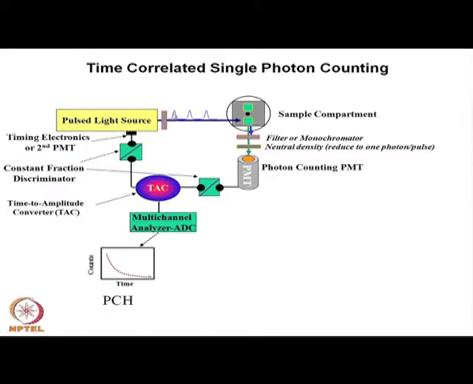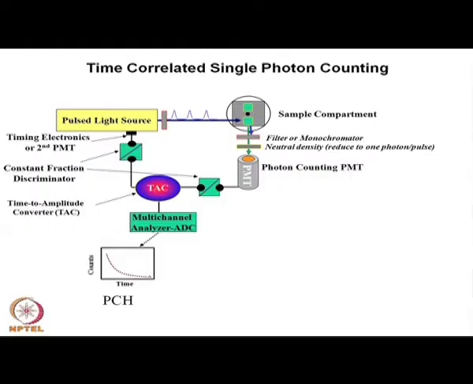Okay, go back to this pulsed light source for TCSPC, which is time correlated single photon counting. So, you have got this train of pulses, and then it is fed into your sample. Then, depending on your requirement, you can use a filter to chop your undesired frequency or undesired wavelength.